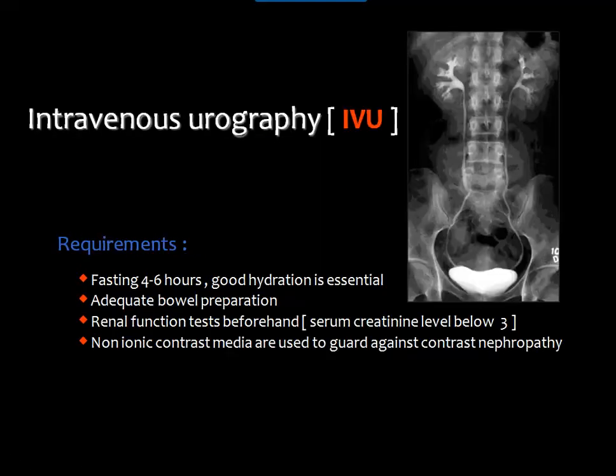Then the famous exam also, which is the intravenous urography, which is performed after injection of intravenous contrast material.